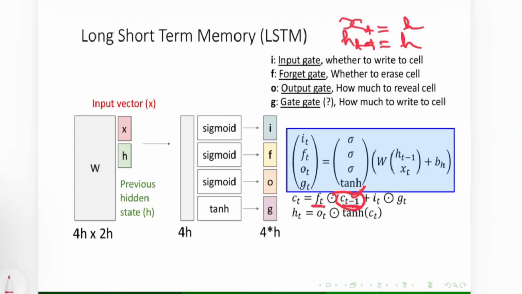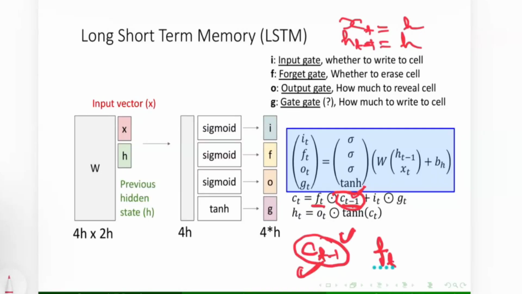It says, I don't want every piece of information to be carried forward, because ct minus 1 considers all the information from previous inputs and could have some noisy information. Then why should we carry those forward? So the forget gate will control this ct minus 1.